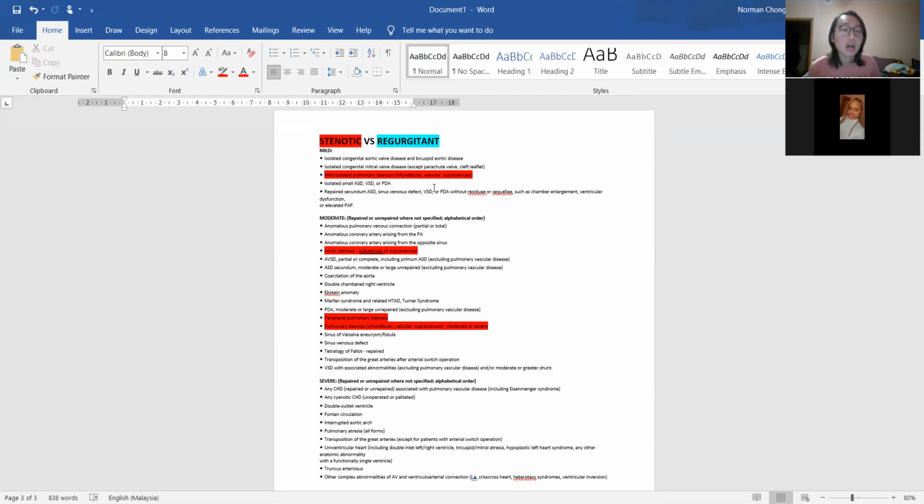And how do we then decide if it is mild, moderate, or severe if we meet patients with regurgitant congenital heart diseases, right? So again, this is still another loophole that the guideline has not covered so far that I've noticed.